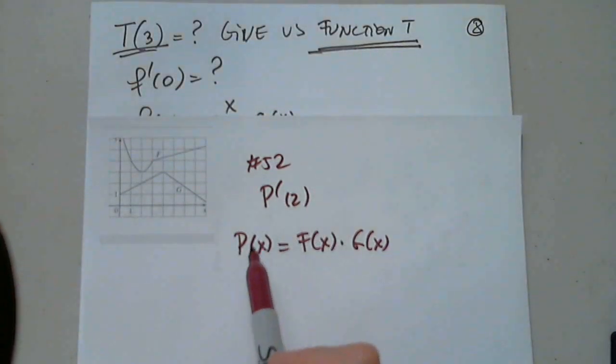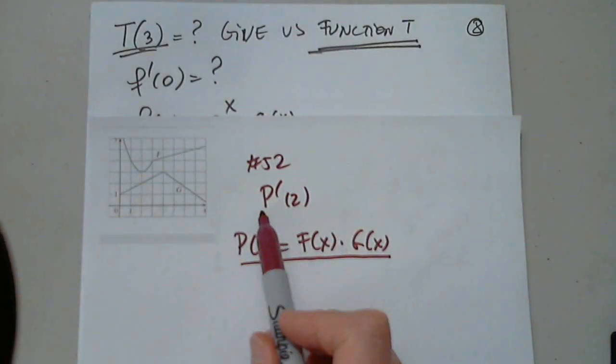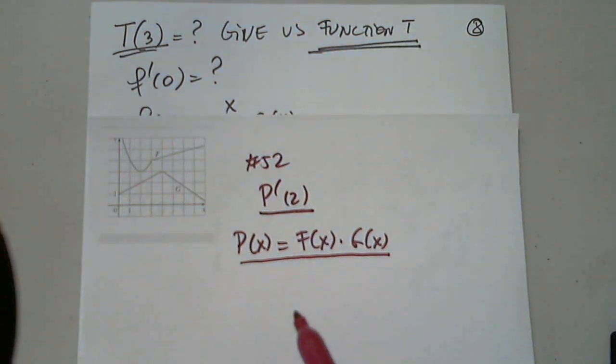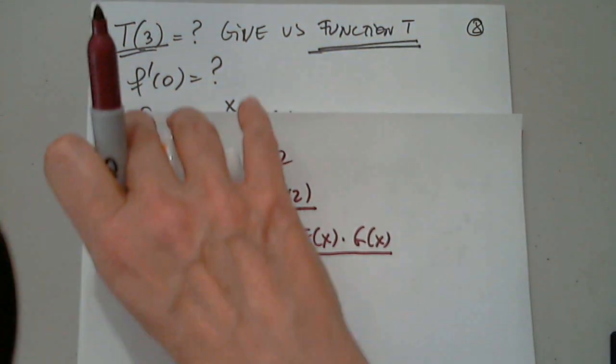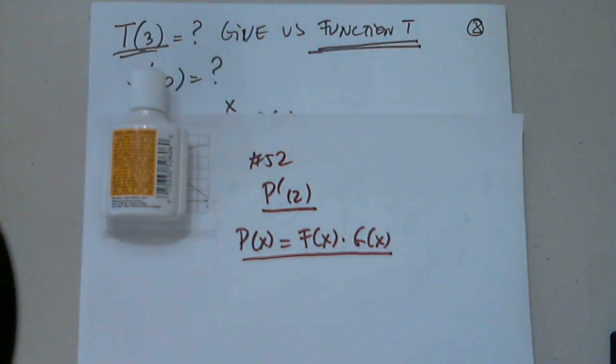So they're giving us this function. They're asking us to find P prime of 2. What do I have to determine first? Your cameras. Yes, because I realized why. I touched my cords in here.